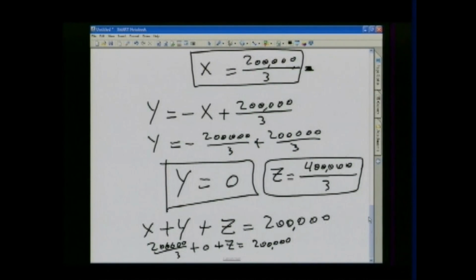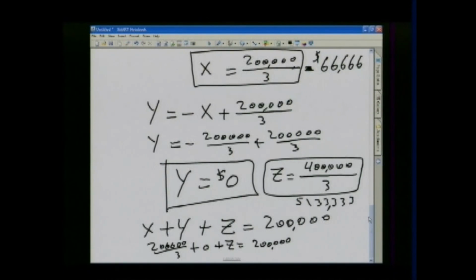Which, by the way, 200,000 divided by 3 is 66,666, something like this. And z would be $133,333. And of course, y would be $0.